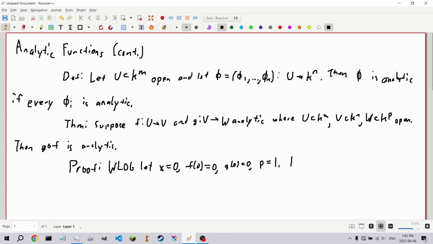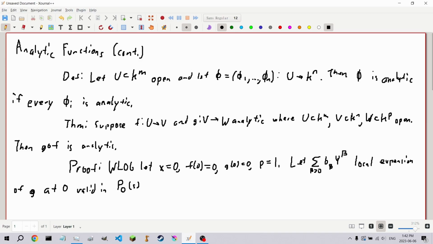So we're going to now let the sum for positive beta b sub beta y to the beta be a local expansion of g at 0 valid in the strict polydisk around S, where we break S into its components as so.